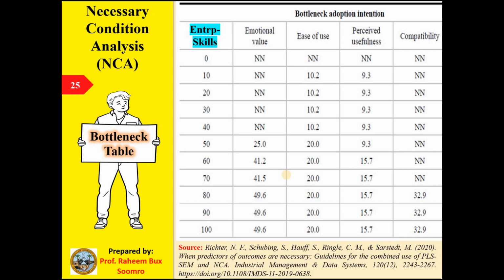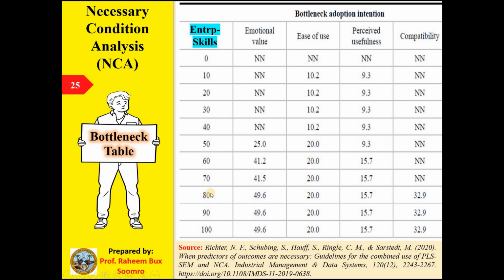So here, the bottleneck in adoption intention, like interpretability skills, is there. For example, if you want to increase up to 10%, then it will interpret that your emotional value is not necessary. Ease of use is 10%, and then PC value is 9%, while the compatibility is not required.